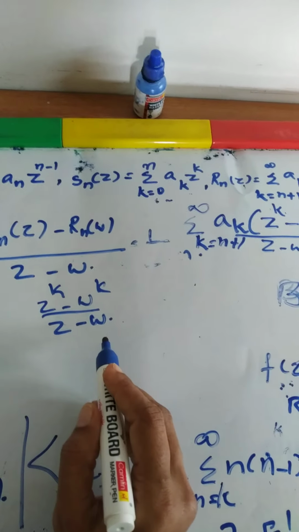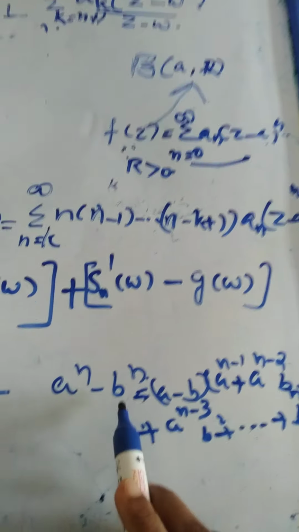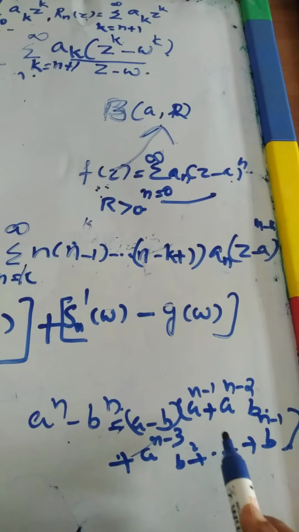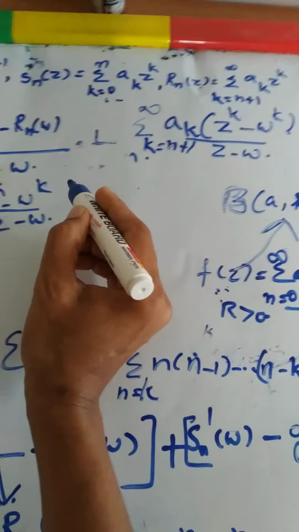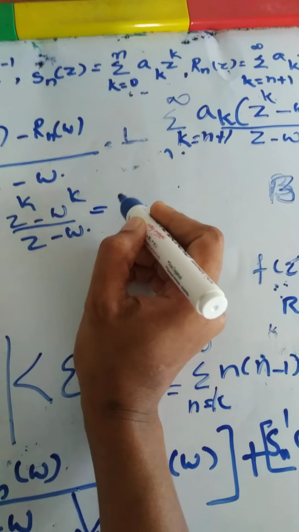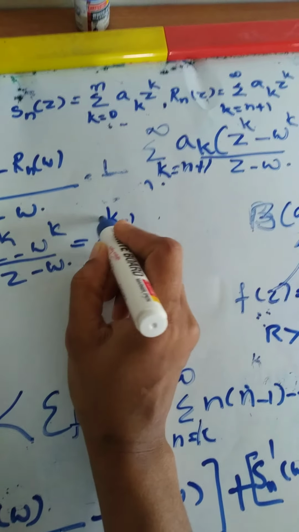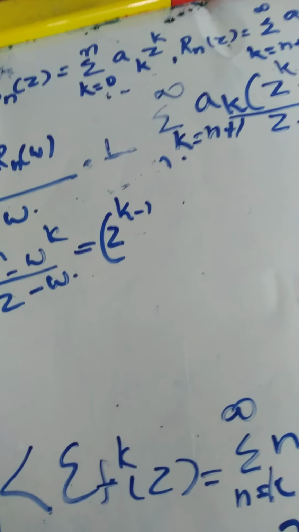So what about this term? a raised to n minus b raised to n divided by a minus b is a raised to n minus 1 plus a raised to n minus 2 into b, and so on.